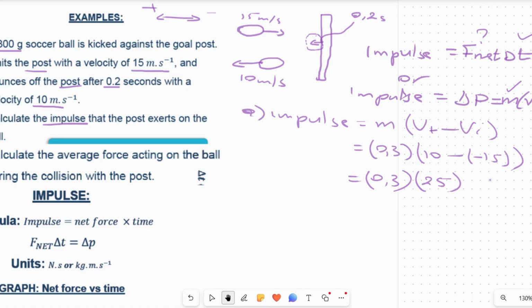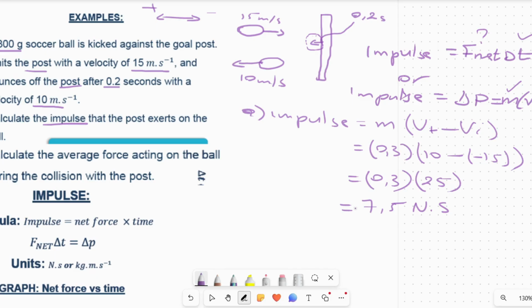When I do the calculation, it gives me 7.5. Then the SI unit of impulse, remember, is newton-seconds, or kilogram meters per second. Let me not put "or", because some of you might think these are different things.